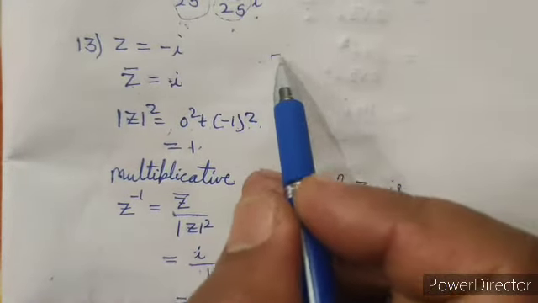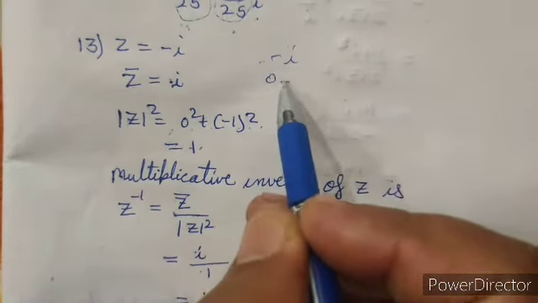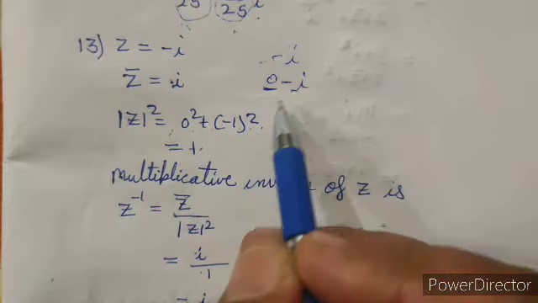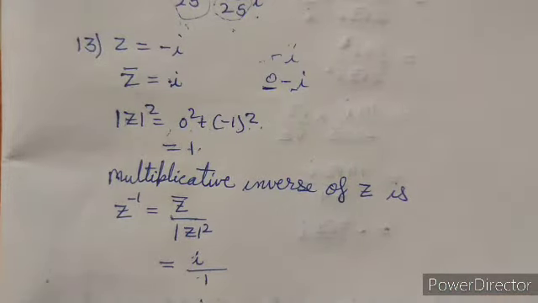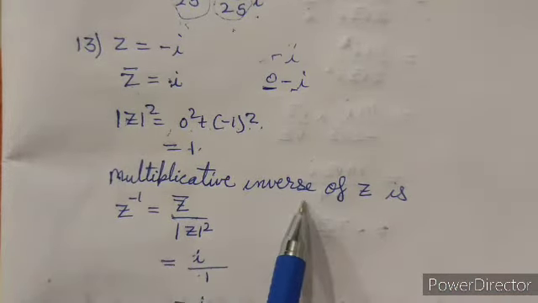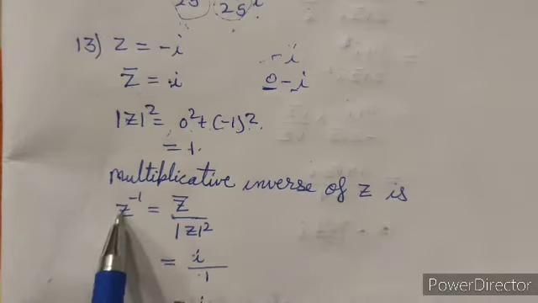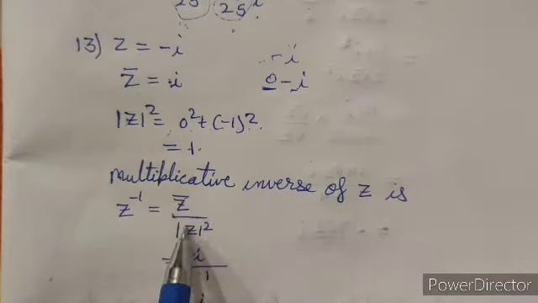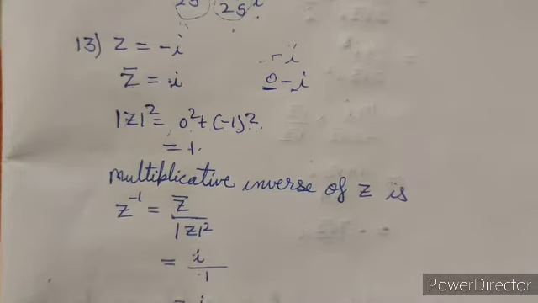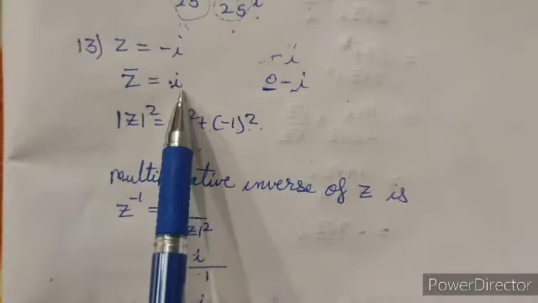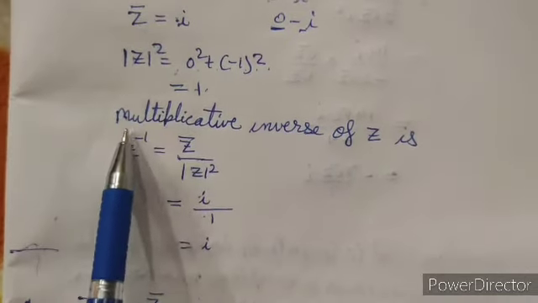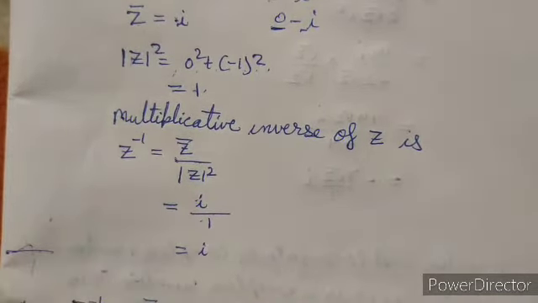Here, minus i means 0 minus i. That means here real part is 0 and the imaginary part is minus 1. So multiplicative inverse of z will be given by z inverse, and that will be equal to conjugate of z upon modulus of z square. Here conjugate of z was i and modulus square is 1. So its multiplicative inverse will be equal to i.